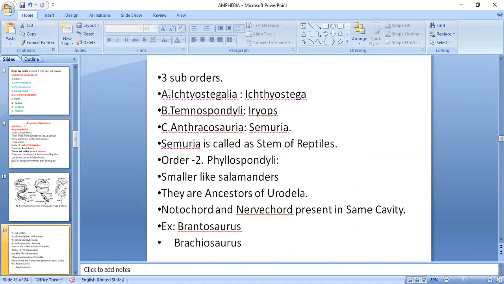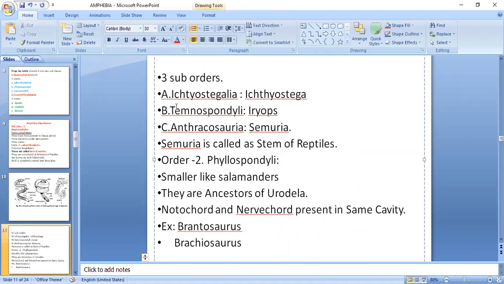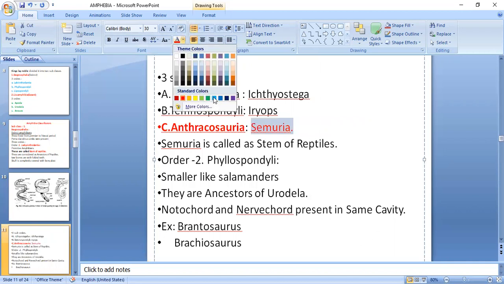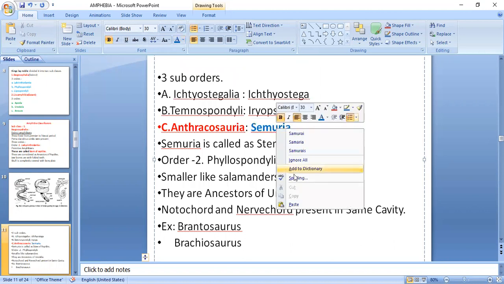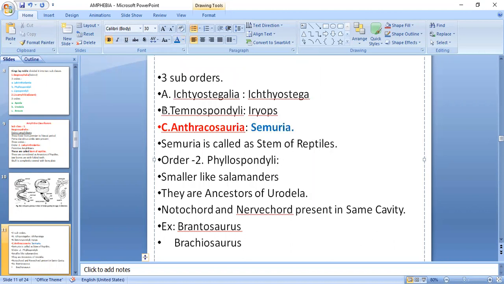It has three orders. The first one is Ichthyostegalia, example Ichthyostega. Then Temnospondyli, example Eryops. And this one is very, very important: Seymouria. Seymouria is a very famous animal, which is considered the actual stem of reptiles.